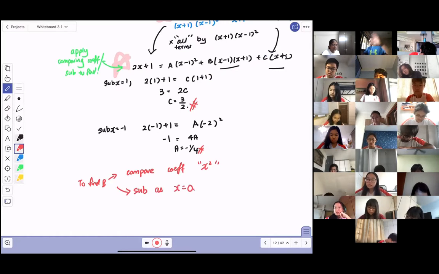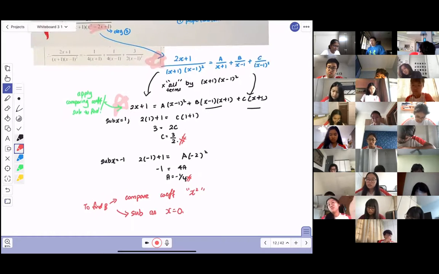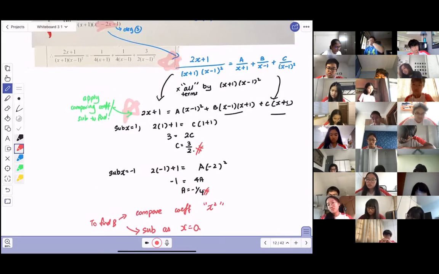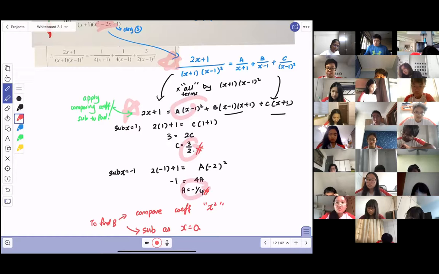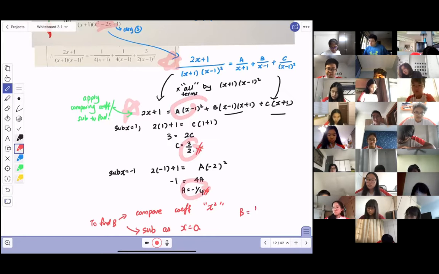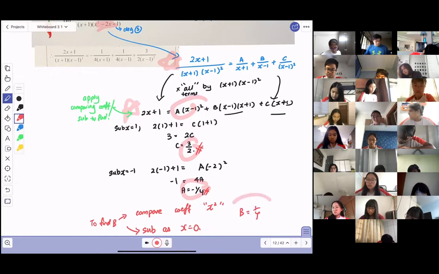Anything goes, because it's the last one. So if all goes well, this will be the final answer. Okay? This will be the final answer. One more time: this is A, then your B should be equal to positive 1/4. So that's your B. Okay?